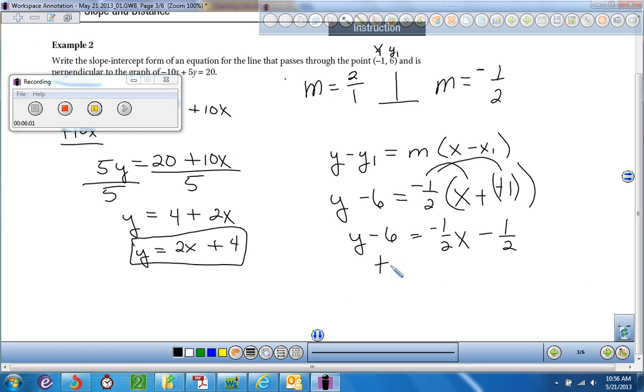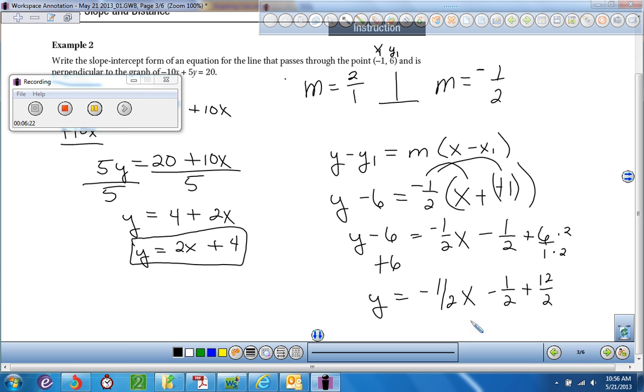Then we're going to have to add 6 to the other side. So we have y is equal to -1/2 x. Now I've got -1/2 plus 6. To add a whole number and a fraction, I put this one over 1, get the same denominator. So multiply this by 2. So I'm going to have -1/2 plus 12/2. Now they have the same denominator.